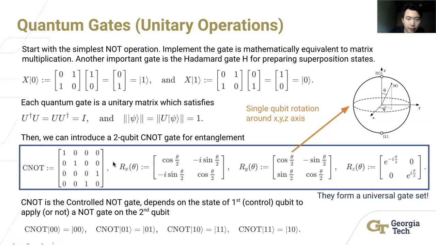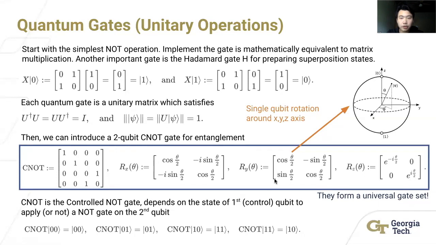And I need to introduce the other 3 single qubit rotation gates on the Bloch sphere. So we have been talking about how the qubit can be in superposition on this Bloch sphere, compared to the classical bit, which can only be at the North Pole and the South Pole.